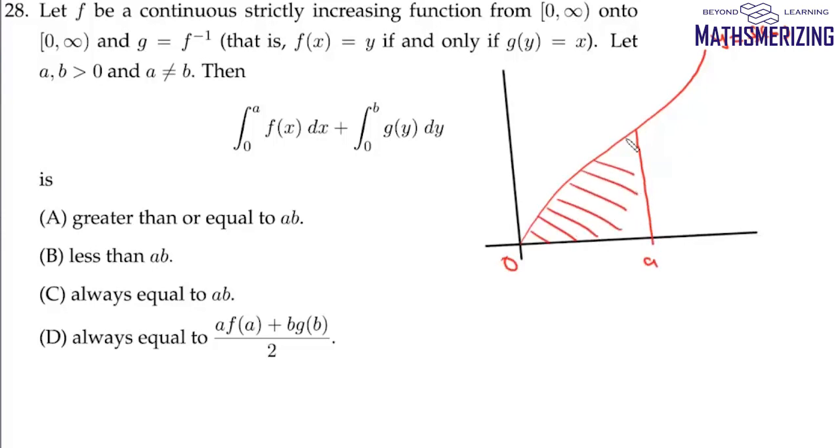So we are talking about this area. This area in red corresponds to this integral, and let us say this area is a1. Now we'll draw a line at some point y equals b. So if we draw a line at y equals b, then this integral from 0 to b of g(y) dy will correspond to this area.